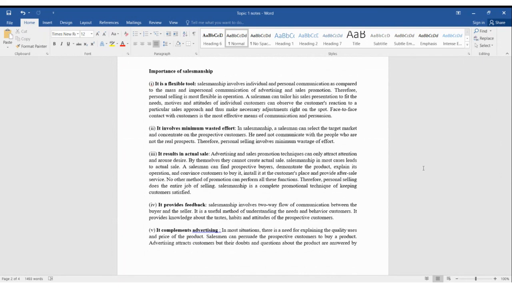A salesman can design his sales statement based on the type of clients they are facing, for example, top clients, middle income clients, or low income clients.